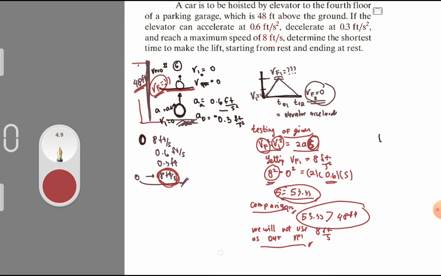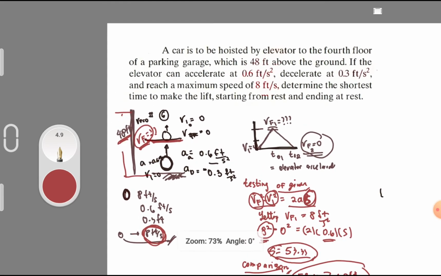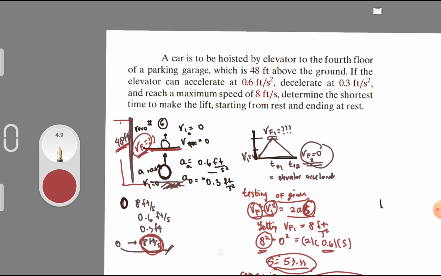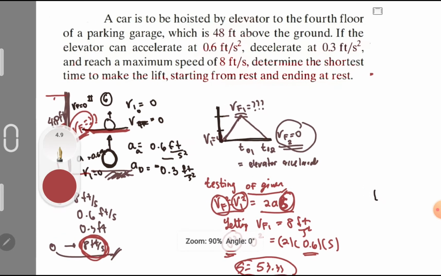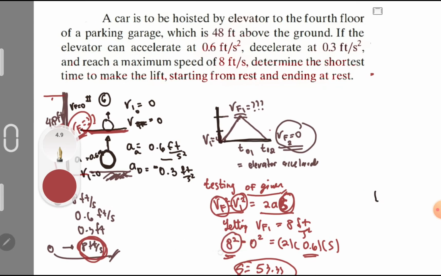The best solution or the best formula to be used is based on the question. So, the first question is determine the shortest time to make the leaf starting from rest and ending at rest. Okay. So, dalawang duration natin. So, this will be our total duration.